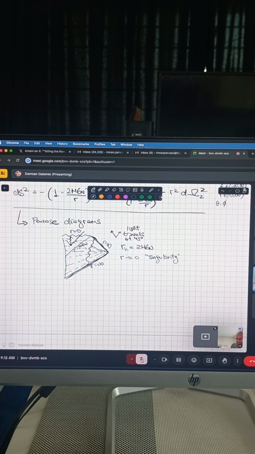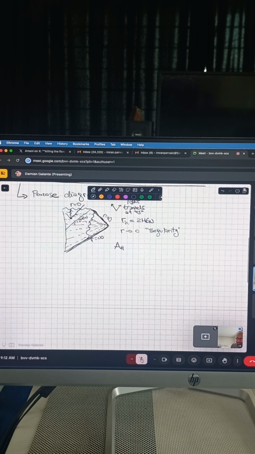Okay, so let's discuss a little bit what AH is. This is what appears in the entropy formula, but we haven't discussed it so far. So this is the area of the horizon.